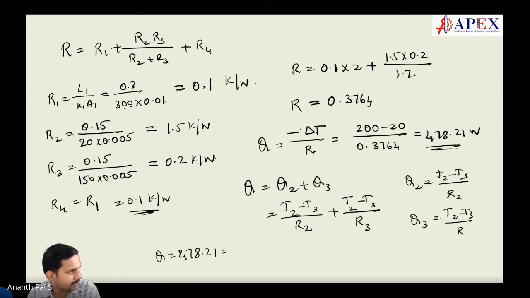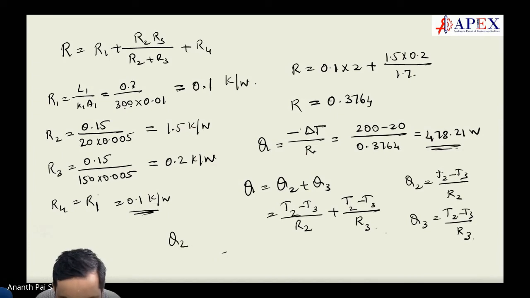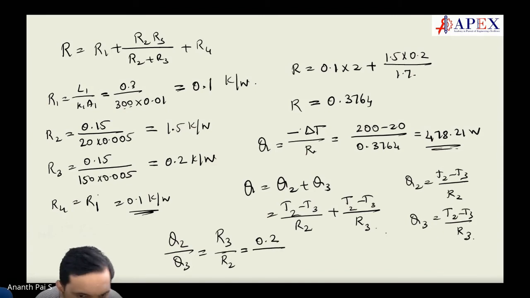R changes. So this becomes just the ratio, and you need not calculate all those things again. So Q2 by Q3 is equal to R3 by R2. R3 is given as 0.2 and R2 is given as 1.5. That is it.